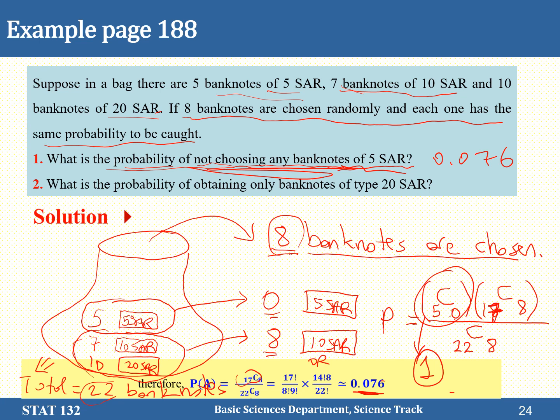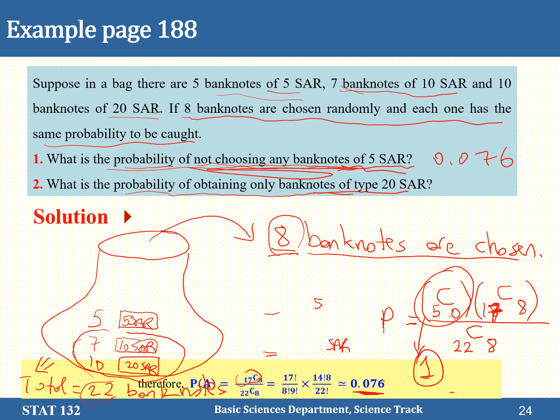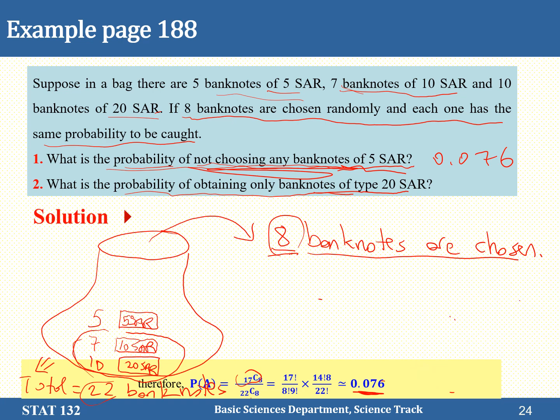Now let's look at this. What's the probability of obtaining only banknotes of 20 real? So in this case, it's asking now the probability of choosing only 20. Let's do it this way.